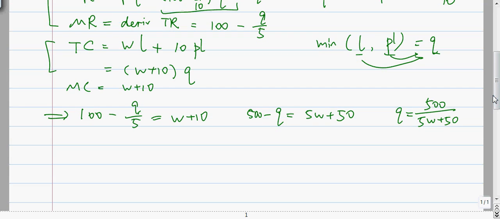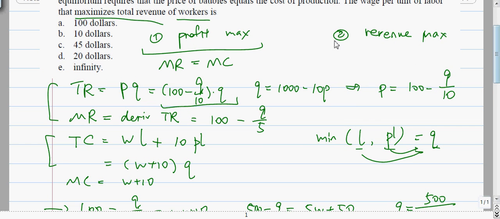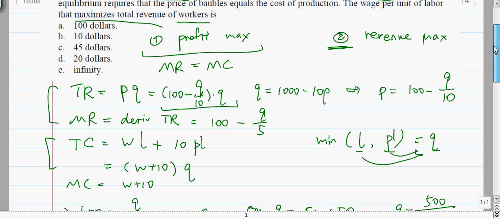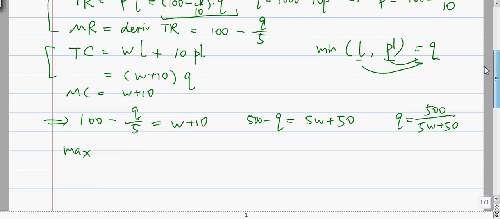I think this is making it harder to solve. But anyways, the next step, this is corresponding to the second step. So the total revenue of the worker is the number of workers multiplied by each person's wage, which here, as we did, L is equal to Q. So we have this relation.